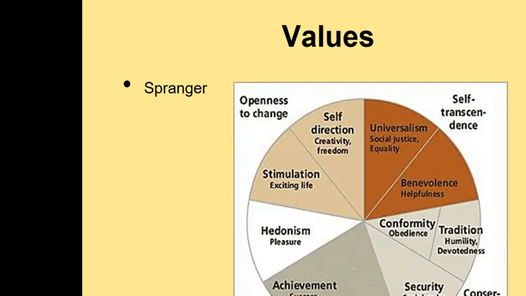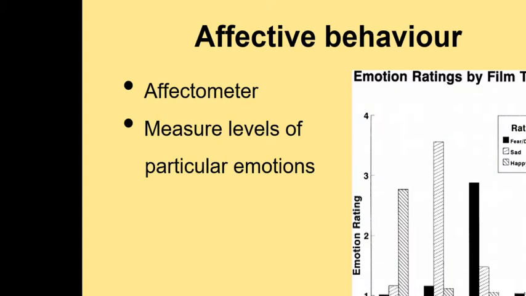And you will notice that some of the value orientations are on opposite sides. The reality is, if you're high, for example, on security, like social order, you'll value tradition as well, or possibly power and achievement. But someone who's high on power and achievement is not going to be high on benevolence or helpfulness and social justice. So it measures your value orientations, the things that are important to you.